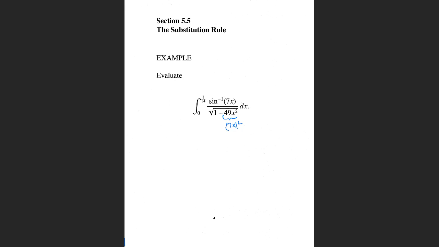We need to do a substitution here. What substitution do you think we might try? 7x. I agree, Saeed. I agree, Susanna. 7x is definitely a good choice. So we're going to let u equal 7x, and let's see what happens here.